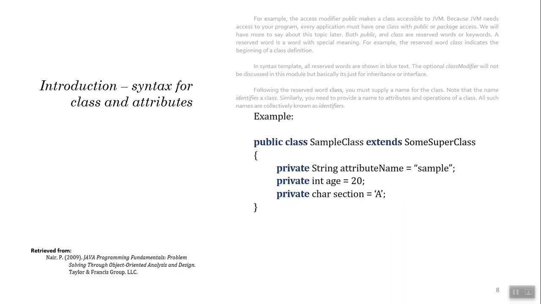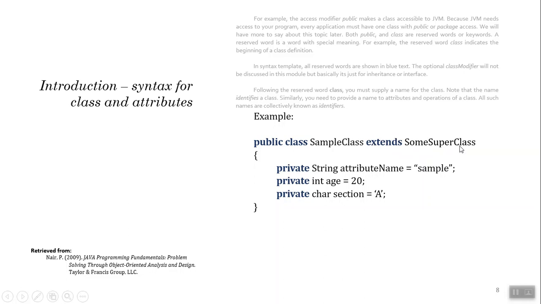So here's an example. We have here the access modifier public, the keyword class that indicates that we're going to create a class, and then the class name, which is SampleClass. And here we have another keyword, extends, meaning to say that you are going to inherit properties or methods from some superclass.